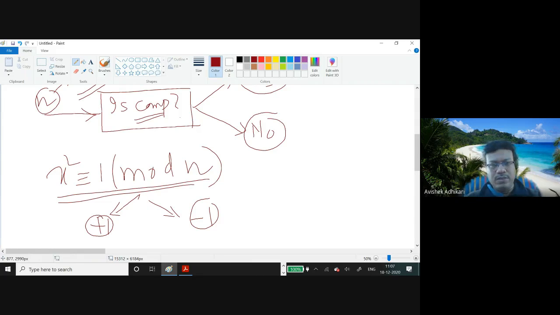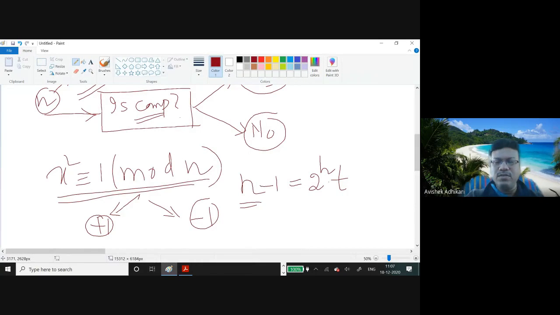So let us try to formulate this. What are you given? You are given an odd integer n. Since this is an odd integer, n minus 1 must be even. That means it will contain 2 as a factor. So try to take out the maximum power of 2 from it.